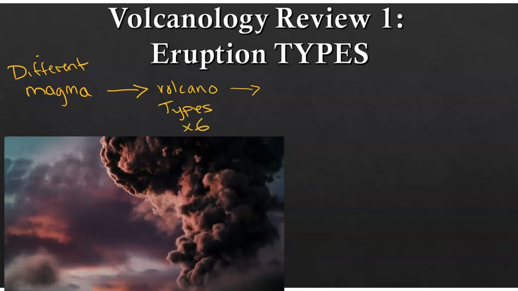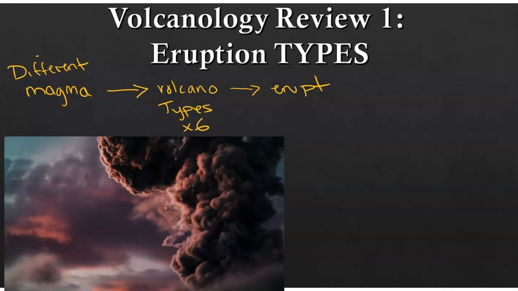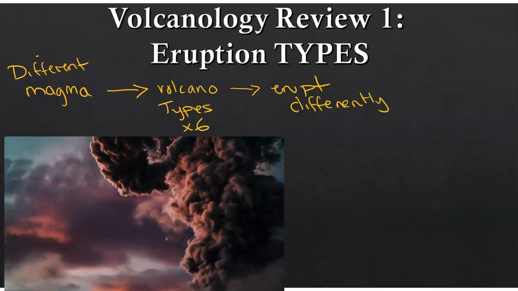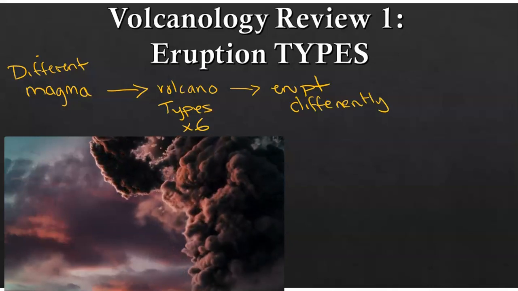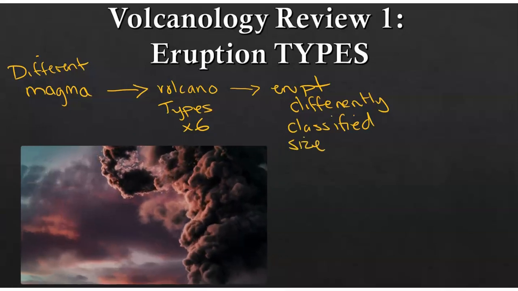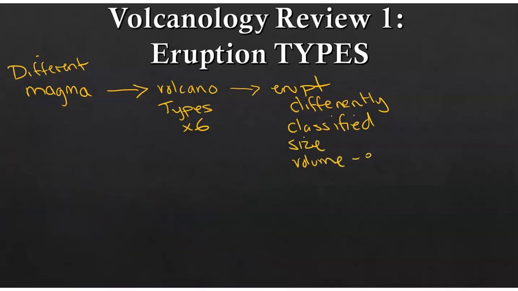Now these volcanoes will erupt differently based on the magma and lava. And these types of eruptions are classified based on the size, the volume of ejecta, and the explosivity, which we can relate, obviously, to the VEI scale.